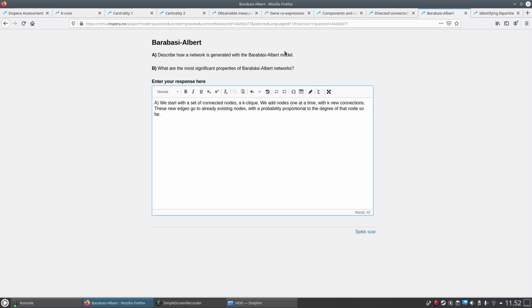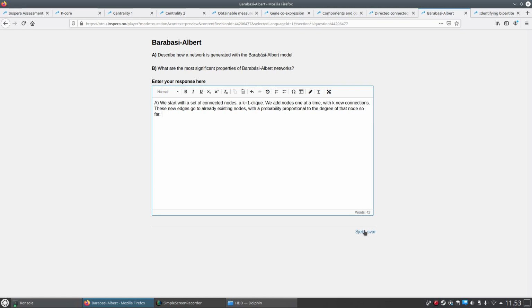So for instance, if we set k equal to 3, we start with a 3-clique, where everything is connected to everything. Actually, we could start with a 4-clique if we're going to choose k equals 3, so we can say k plus 1 clique. This first part is not super important. Then we add a 4th node with degree 3, and that one is going to connect to everything else.